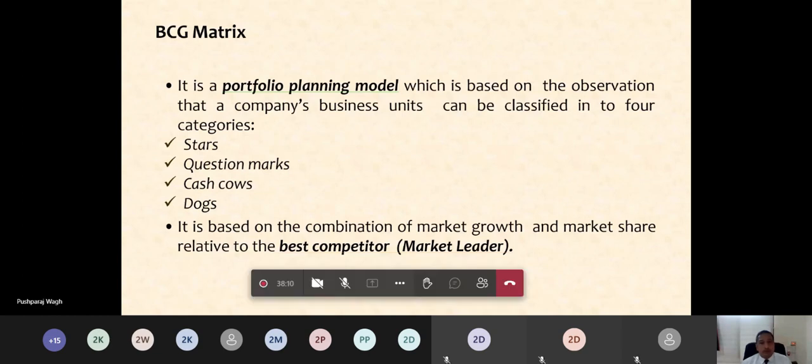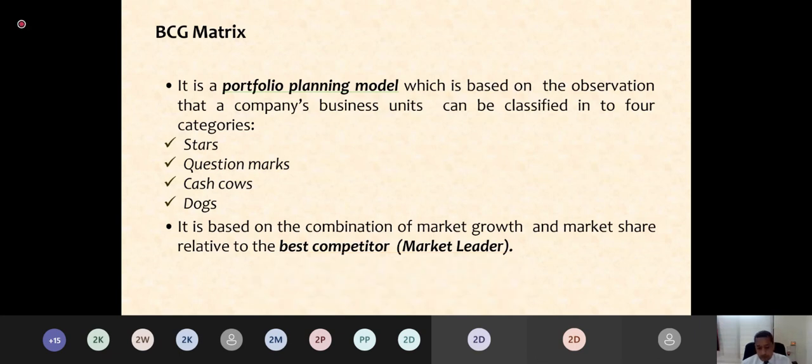They have given this model wherein we can categorize the business or the different strategic units into four important categories.